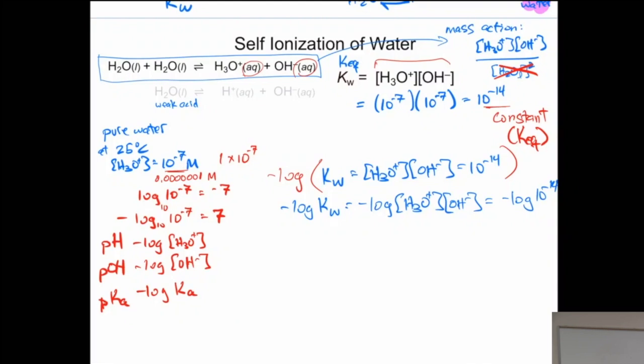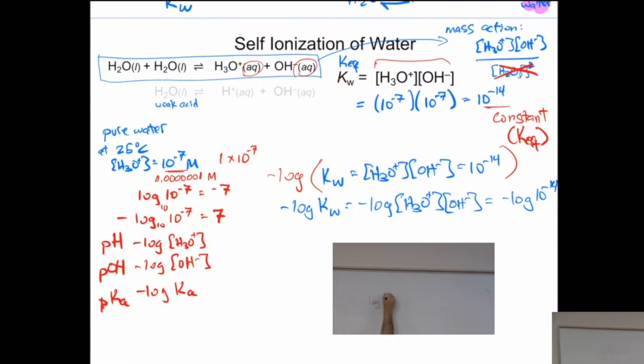Now, something you have to remember about how logs work. I'll just put this one on the board, one of the identities of logs. We did this before with natural logs, but it works the same with log base 10. Before, we did the log of A divided by B, that's equal to the log of A minus the log of B. Well, the same works here.